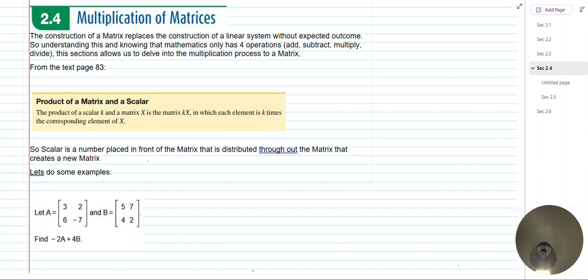And I got this from our textbook, and it talks about scalar multiplication. Scalar means a number.